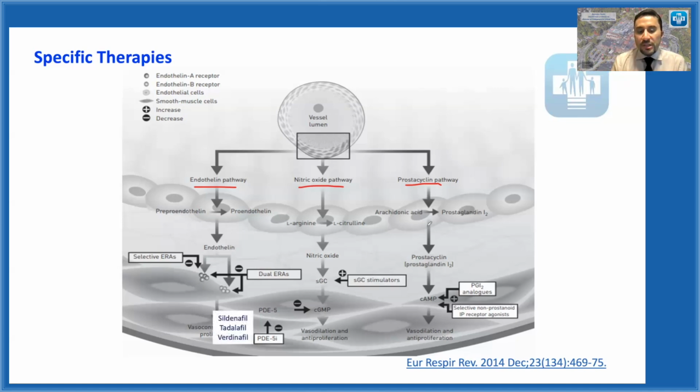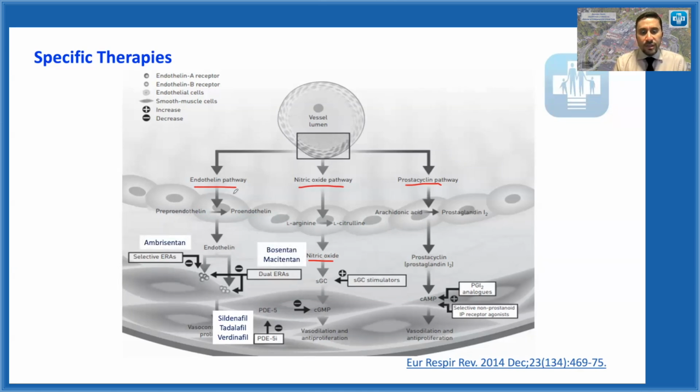And I will just throw in here some examples of medications so you guys are aware. For the nitric oxide pathway, if the patient is in an ICU or something, we could give nitric oxide to help relax the pulmonary circulation, or give medications that decrease basically the metabolism of endogenous nitric oxide, like sildenafil and tadalafil.